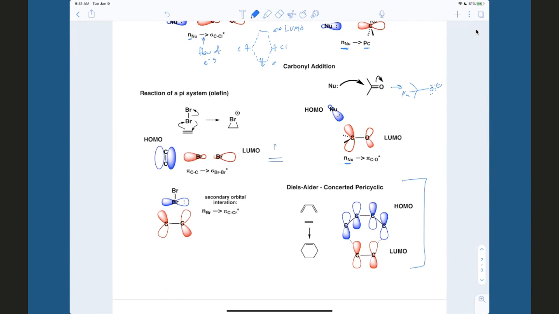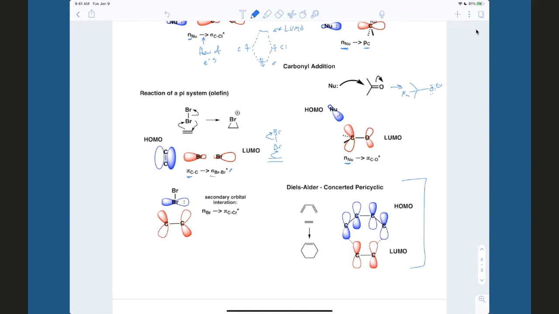So if we were to pick one of these arrows out, it would correspond to these two sets of arrows right here. It starts at a double bond, so we know that it is a filled pi bond. A sigma bond is breaking, so then it'll be the sigma star.